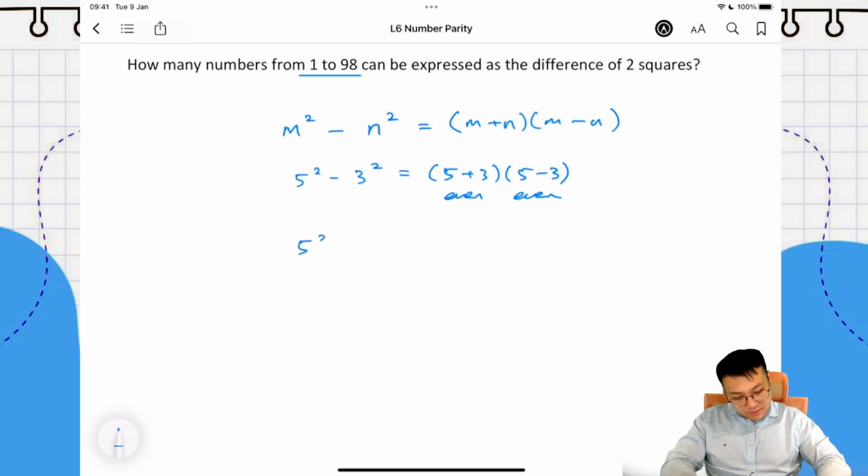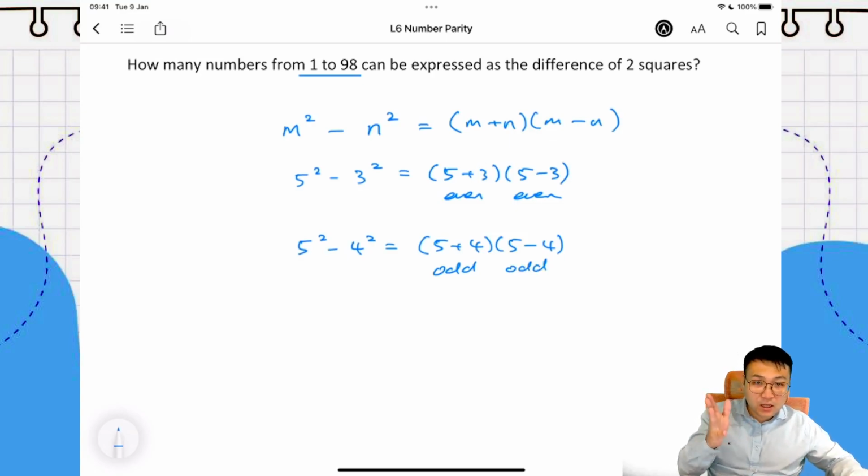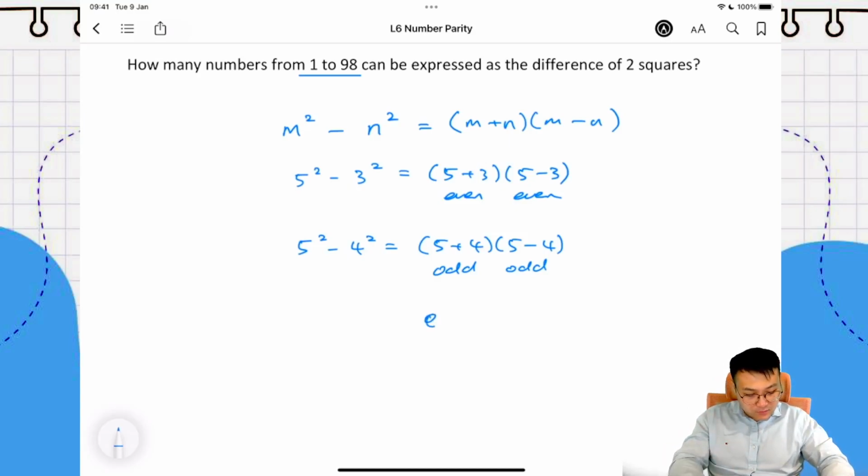Let's do another example. You'll get an odd number times an odd number. Do you notice that both of them are either odd or even? Both of them can be even, or both of them can be odd. You will never get even times odd.